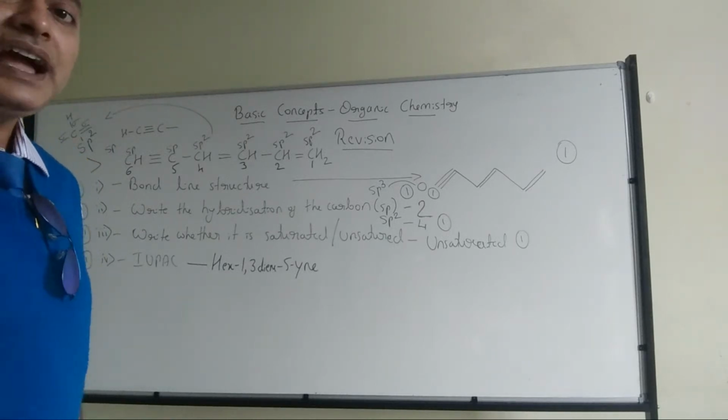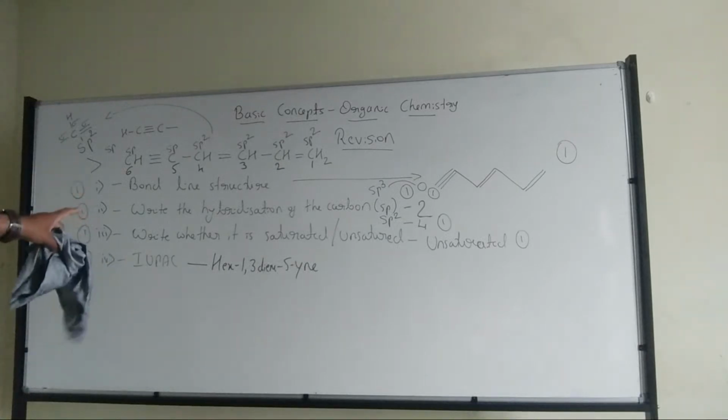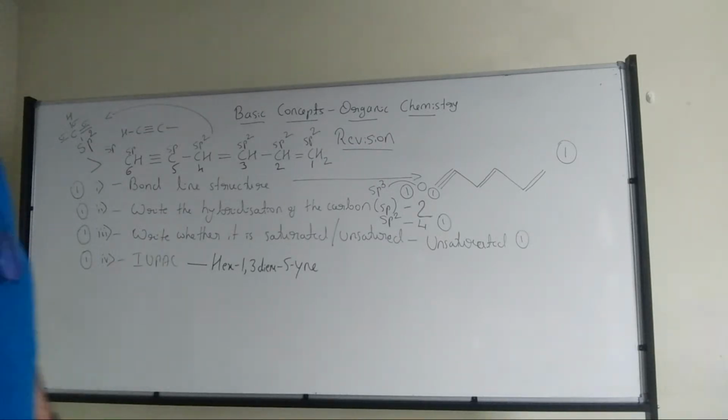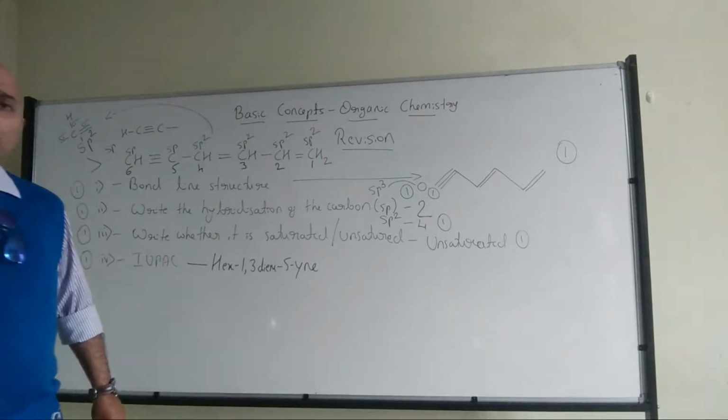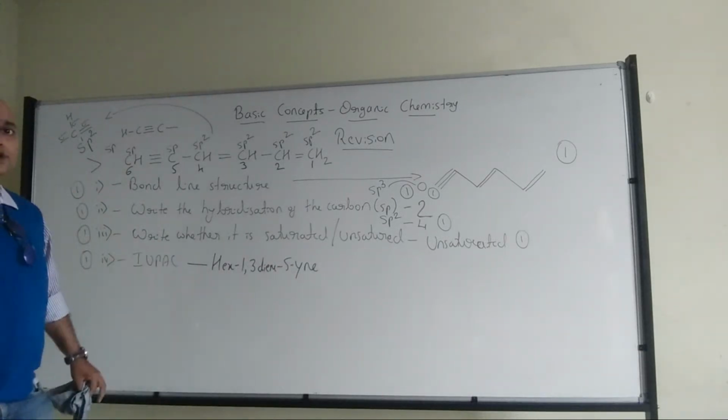So that's where we have the IUPAC name, bond line structure, then hybridization, then whether it is saturated or unsaturated. It can be asked for 3, 4 or 5 marks. If it is for 3, only 3 sub-questions will be there. If it is 4, then all these types of questions will be there.